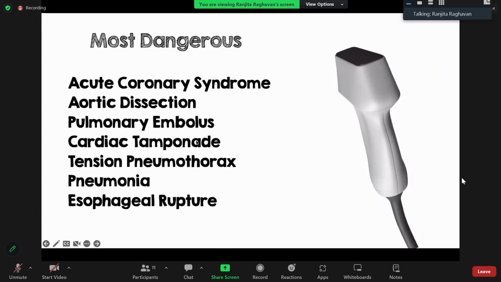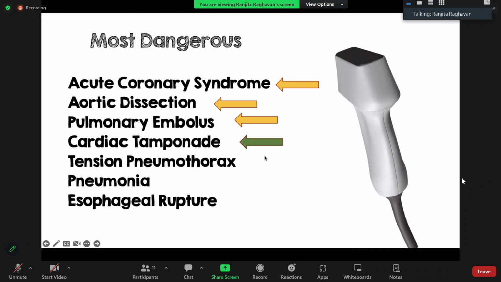Also, just a plug for ultrasound. I don't know if everyone has an ultrasound in their department. I know we had been to a couple of the departments and they did have an ultrasound, but it can be so useful in our dangerous etiologies, especially ACS. In dissection, you could use it as well. For PE, it is great for looking at right heart strain.